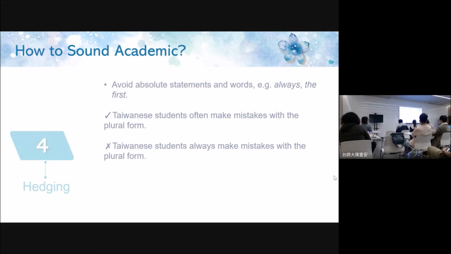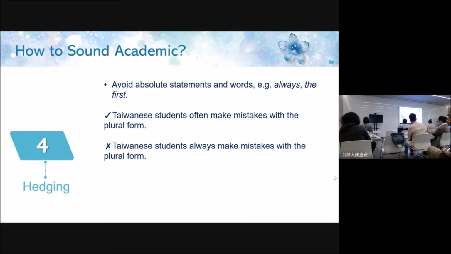Number 4, hedging, or so-called tentative language. We do not want to be extremely absolute. So we do not say always. Another example: how many students often make mistakes with the plural form, rather than how many students always make mistakes with the plural form.